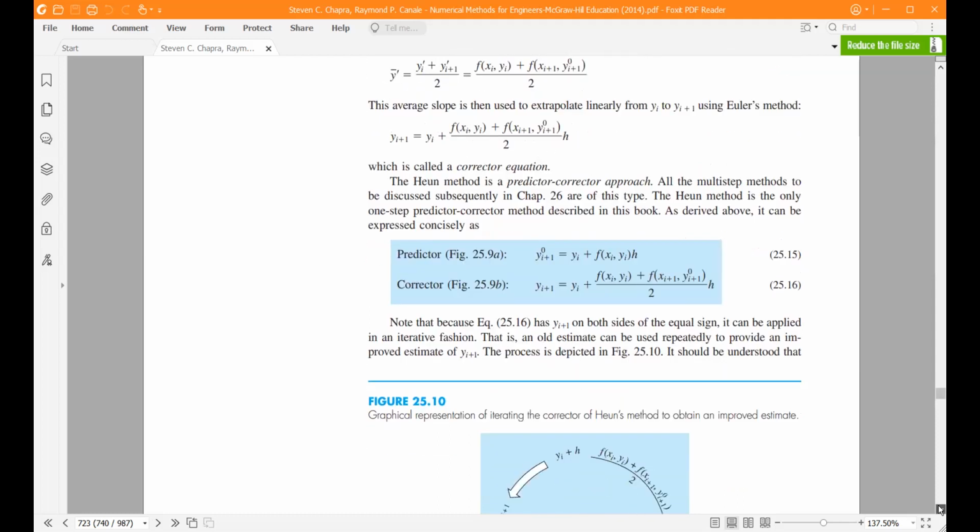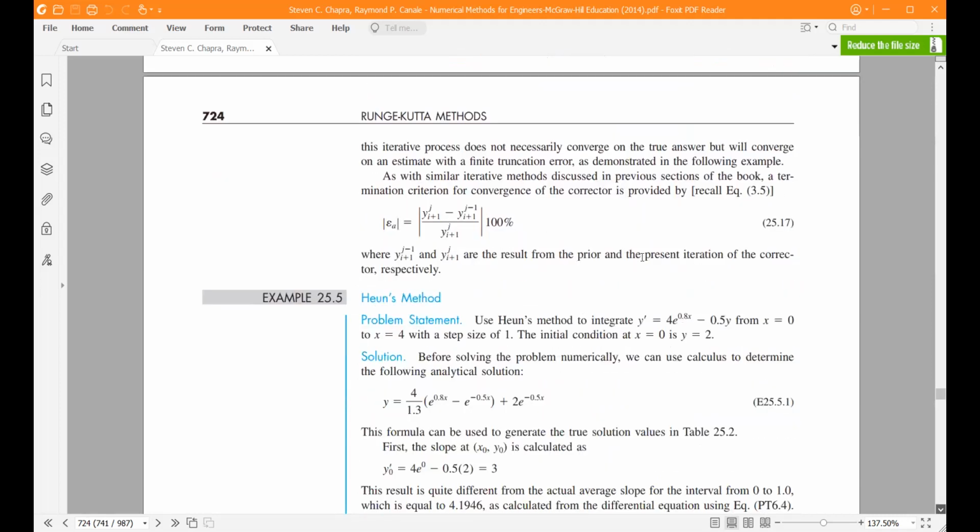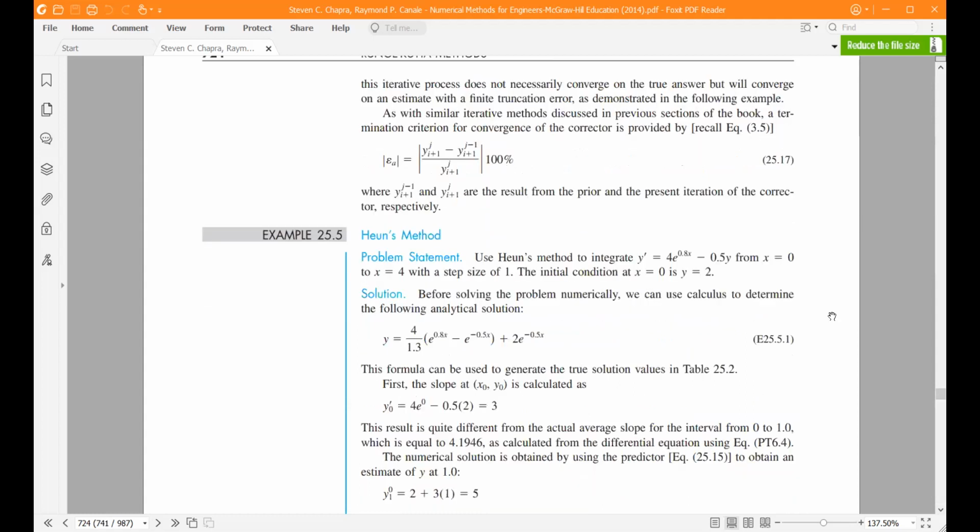Okay, let us redo the thing, then you will understand. This is your differential equation. Can you see the differential equation? y prime equals 4 e to the power minus 0.8x minus 0.5y. Yes, sir. This is the differential equation, okay?